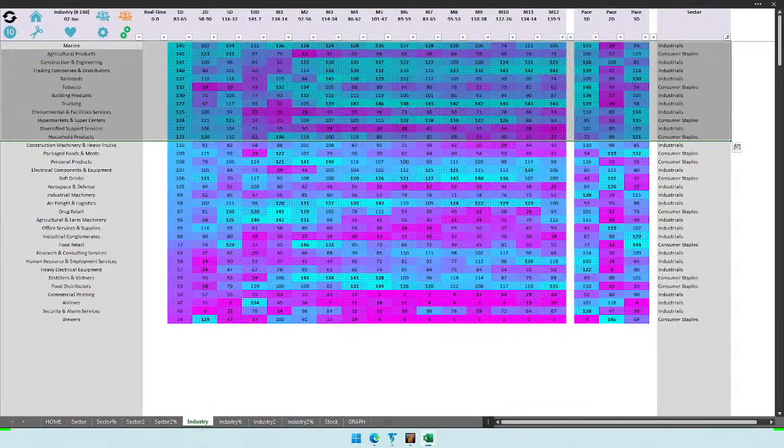When I clicked and drilled down to stocks, my eyes were looking at the industries, and I noticed that the top one, marine, is related to transportation. Then here we have railroads related to transportation, and here we have trucking. So we have three industries related to transportation, barring air transportation: marine, railroads, trucking.